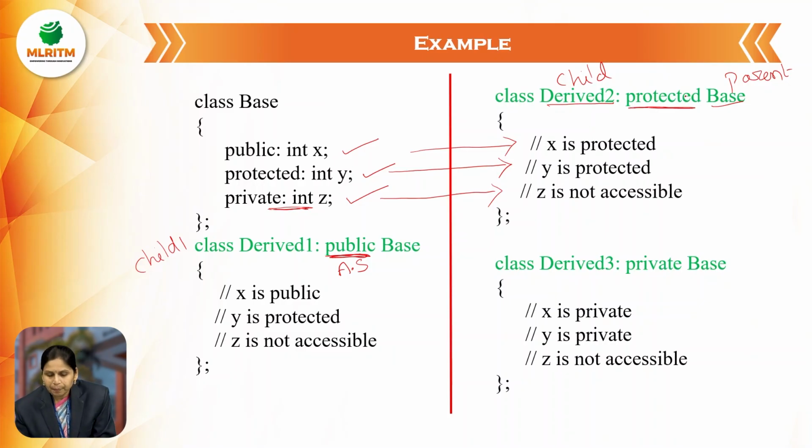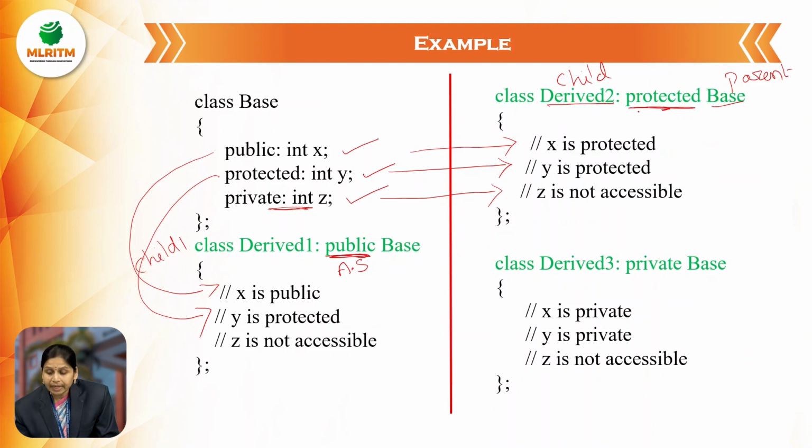Here the public and protected members all become protected when we inherit the parent as protected. When we inherit the parent as public, there is no change in public and protected. Public becomes public, protected becomes protected, z cannot be accessed.